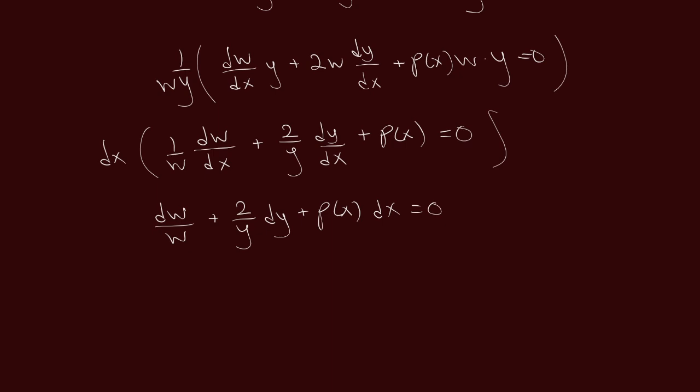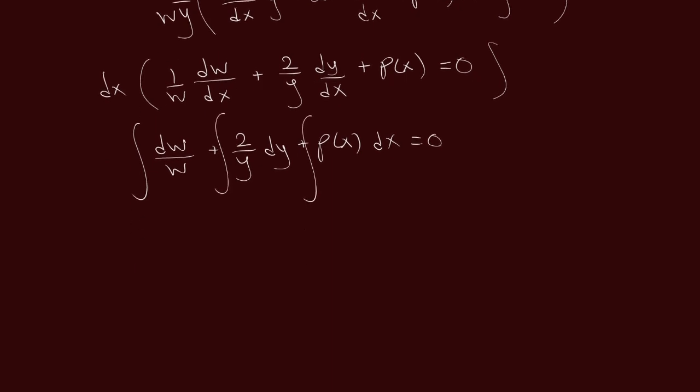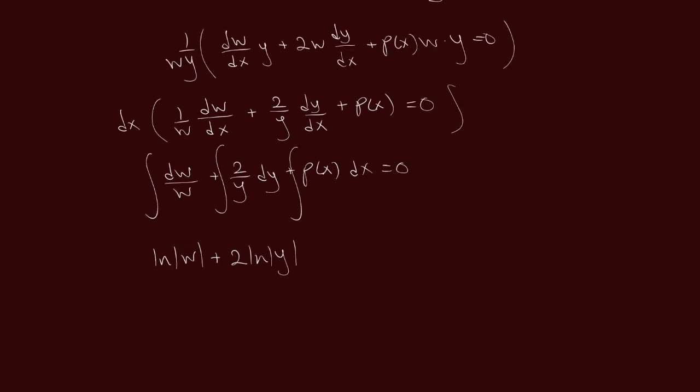Now we're almost done. The next part is to integrate all of this. So integrate, integrate, and integrate. This becomes ln of w. This becomes 2 ln of y. And we'll just leave this as the integral of p of x dx.